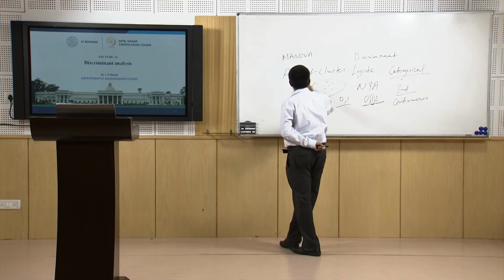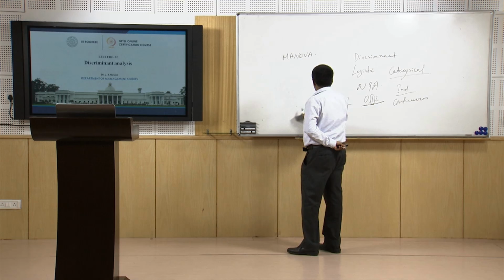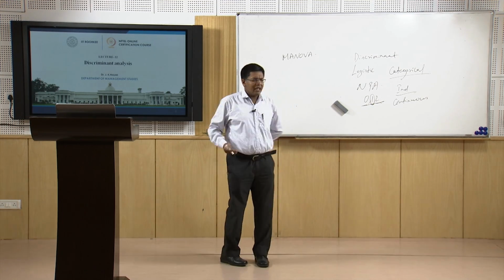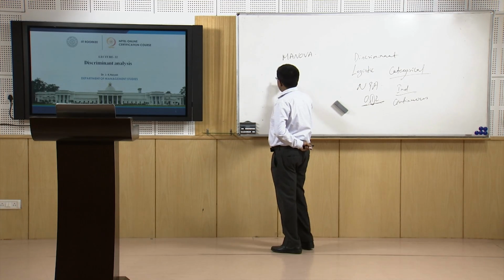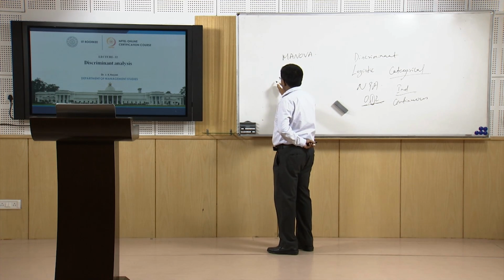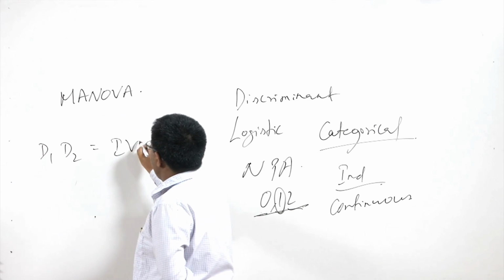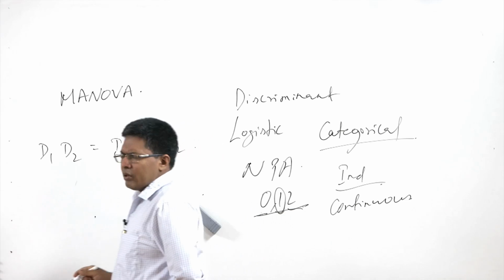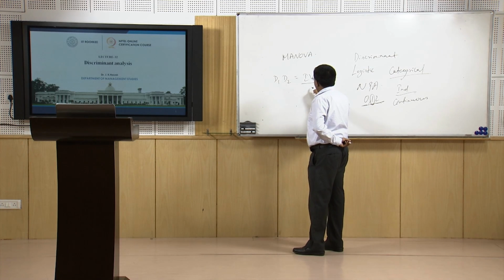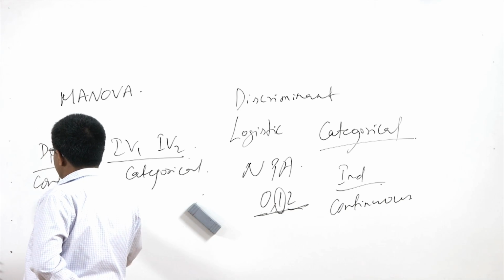We were basically trying to understand how groups are behaving when you have multiple dependent variables and at least one independent variable. So when you had D1, D2 and some kind of IV1, IV2, the only condition was that the independent variables were categorical variables, and the dependent variables were continuous variables.